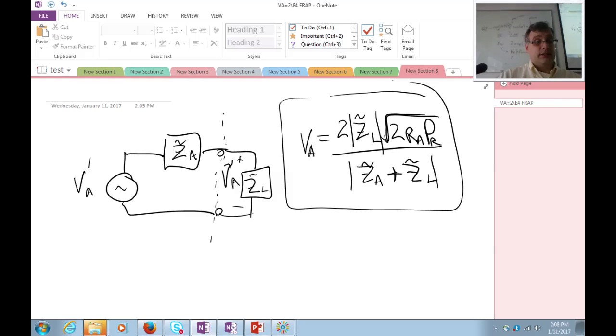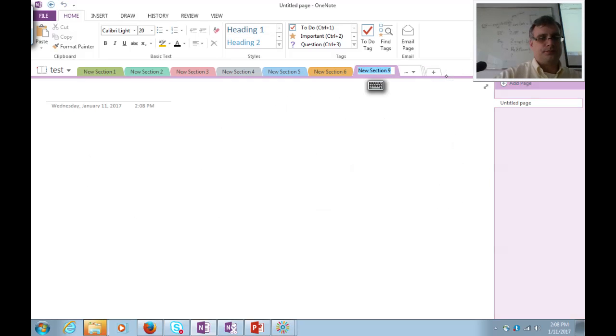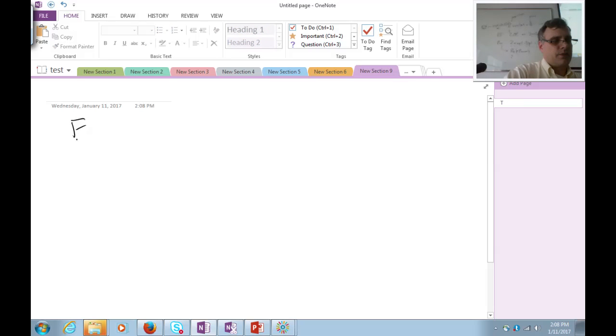Okay. So let's do our first example. I have a 50 ohm coax. Has anyone ever done any RF test and measurement in your undergraduate laboratory? No, that's okay.